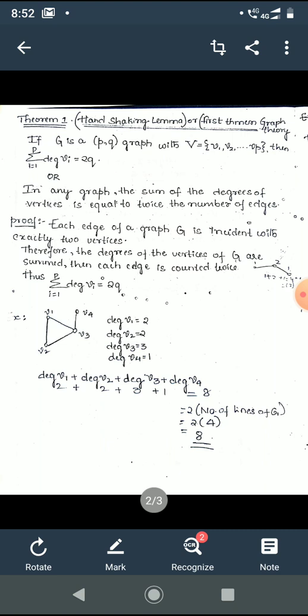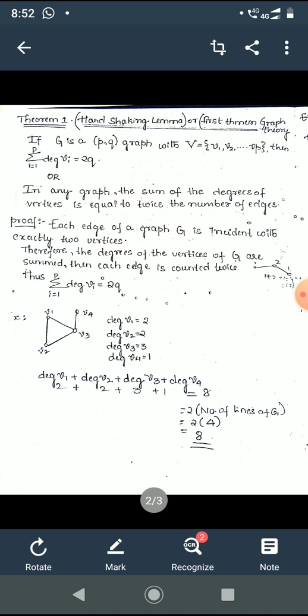So degree of V1 is 2, degree of V2 is 2, degree of V3 is 3, degree of V4 is equal to 1. Then the sum of all the degrees of vertices of graph G, that is 2 plus 2 plus 3 plus 1, is equal to 8. That 8 can be written as 2 into 4.